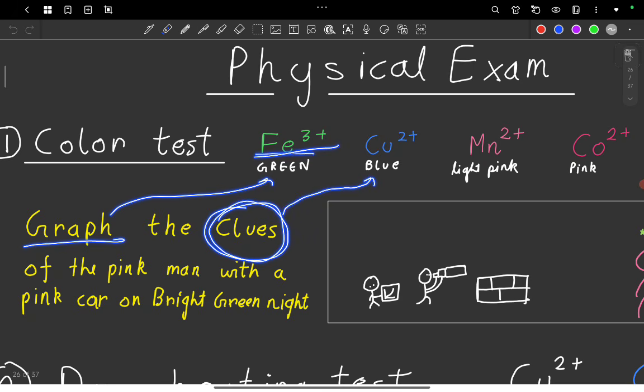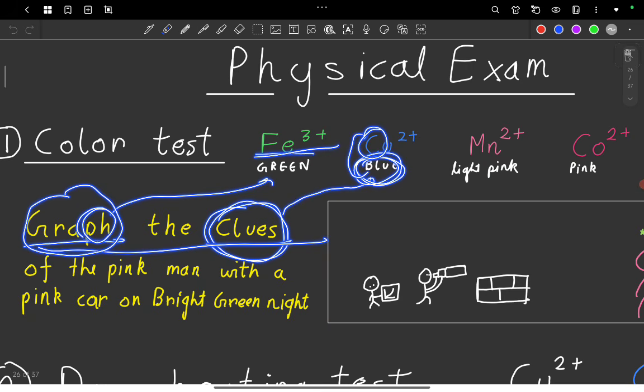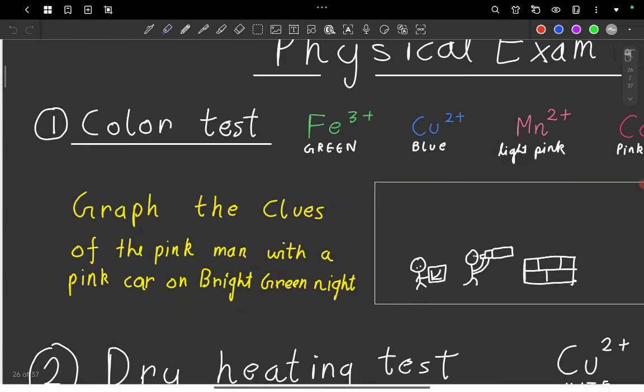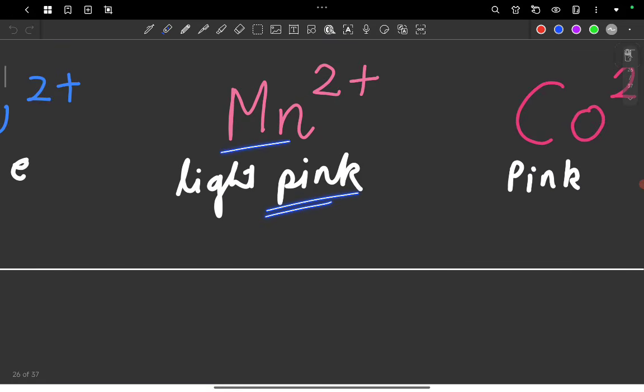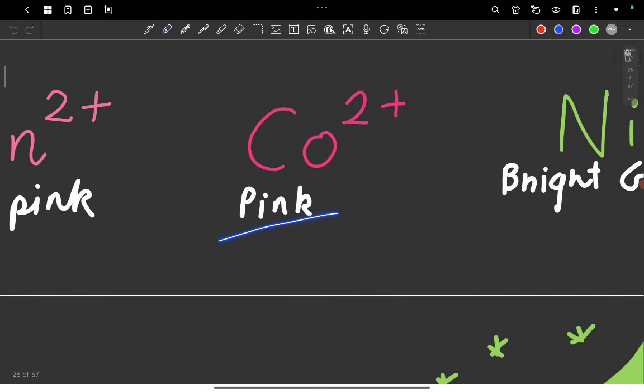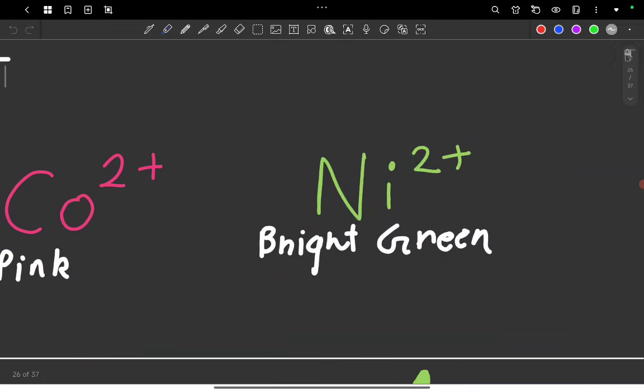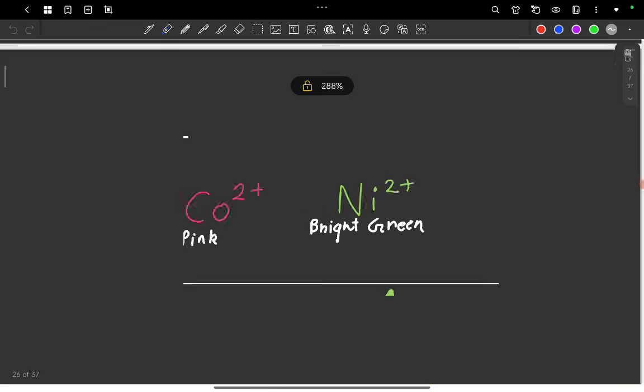Using clue, you say clue rhymes with blue, but instead of B you have put C. So graph the clues means that green is Fe iron and blue is Cu iron. Okay. And then of the pink man with the pink car on a bright green night.